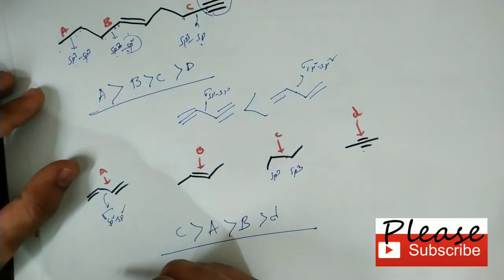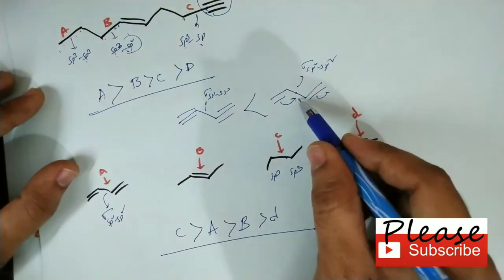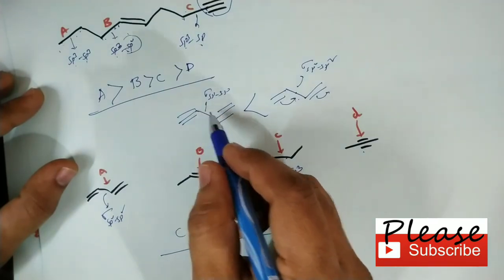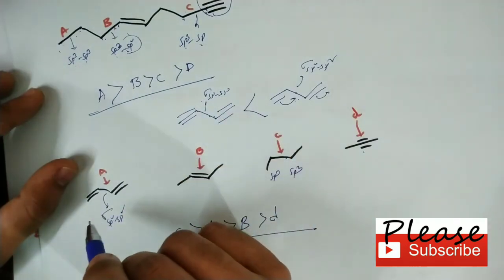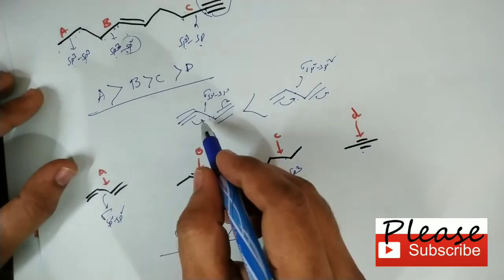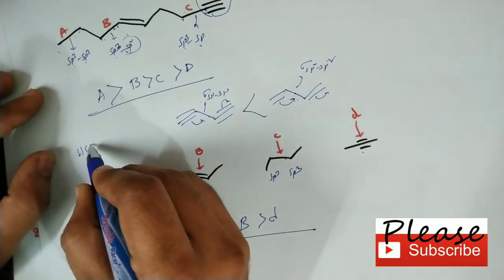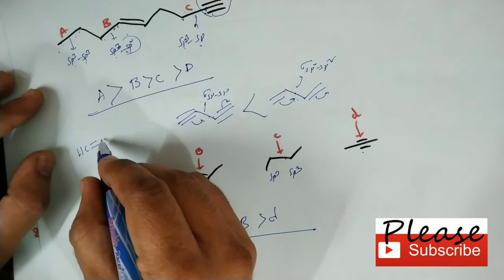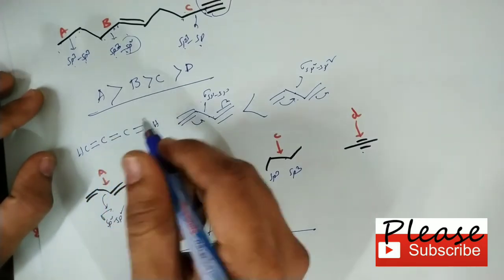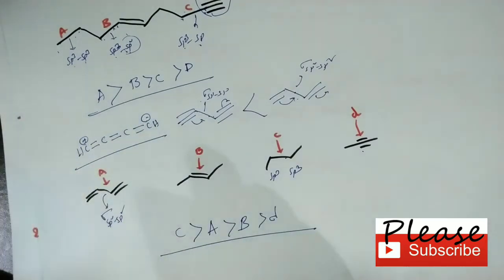Of course, generally we think that because of resonance this one has the least bond length, but this bond is formed by the overlapping of two sp hybrid orbitals. We can also see the resonance here. As a result of the resonance, the structure becomes very complicated: C double bond C, C double bond CH, where this one carries a negative charge and this one carries a positive charge. That's it.